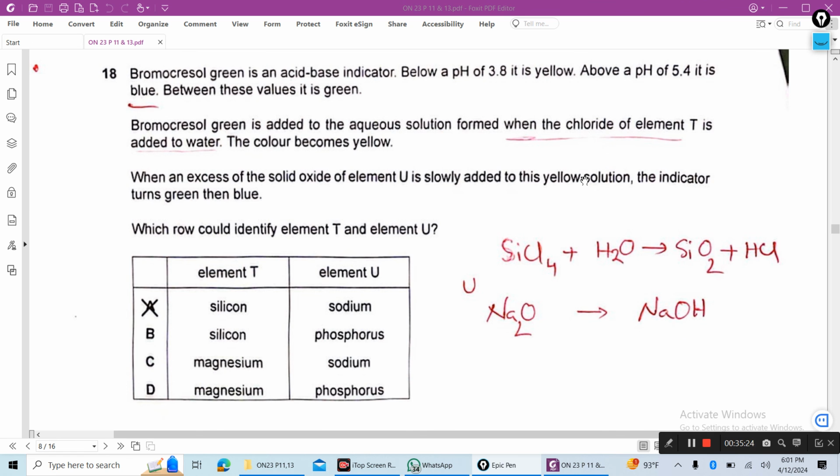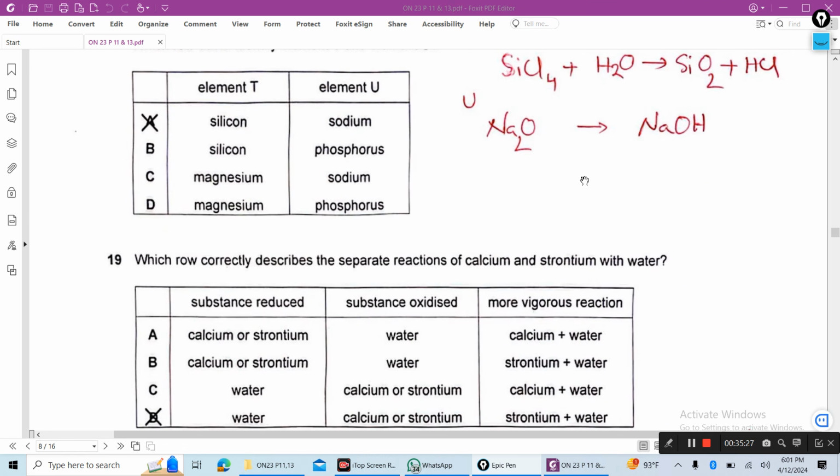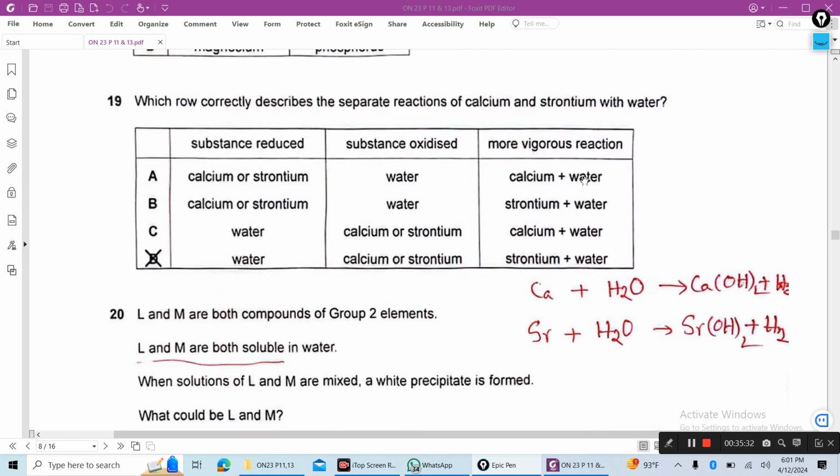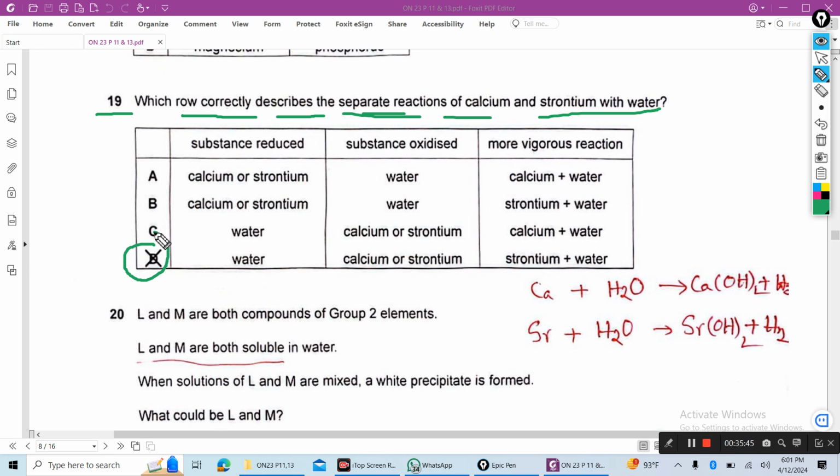Next, which row correctly describes the separate reaction of calcium and strontium with water? So you see, calcium reacts with water to produce calcium hydroxide plus hydrogen. Strontium also reacts with water to produce strontium hydroxide plus hydrogen.